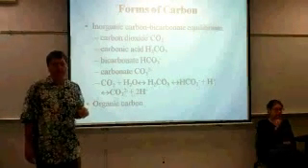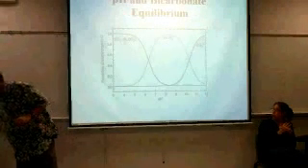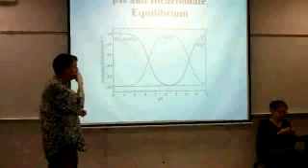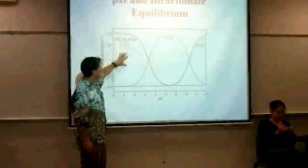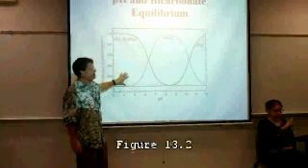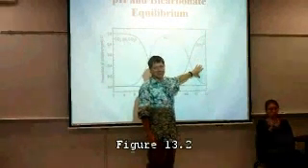This is an equilibrium that you've probably experienced before. It's a function of pH, and we see that carbonic acid or CO2 dominates at low pH, and carbonate dominates at high pH.